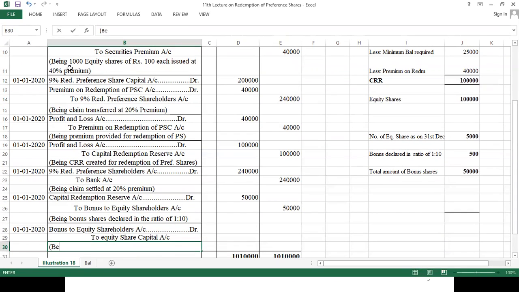Here I will add being bonus shares issued. Amount is 50,000.